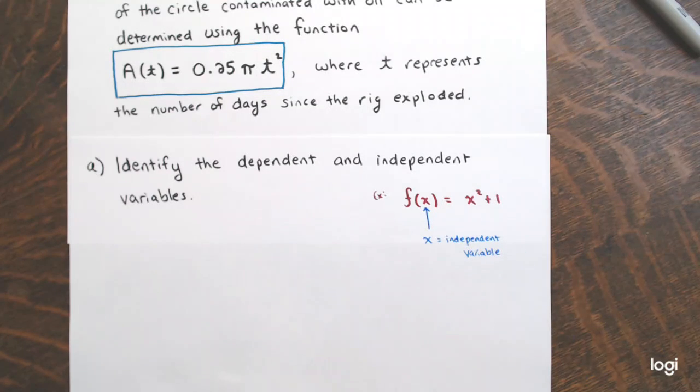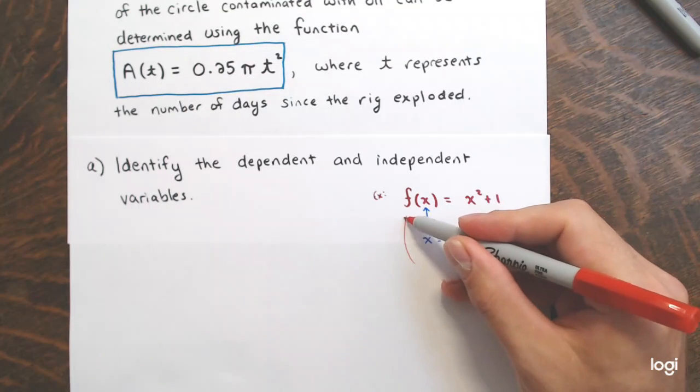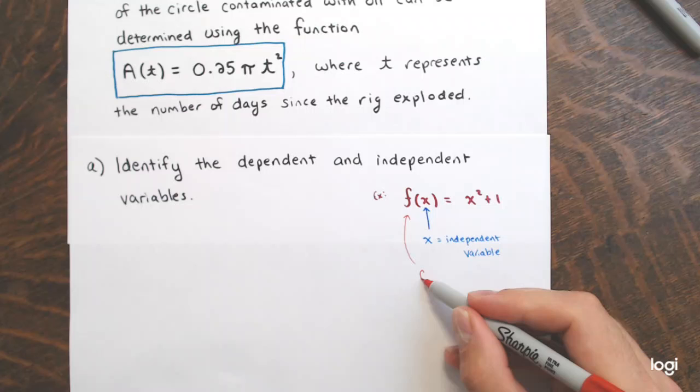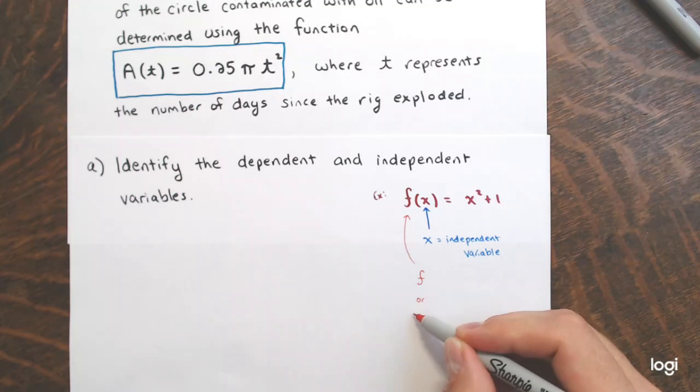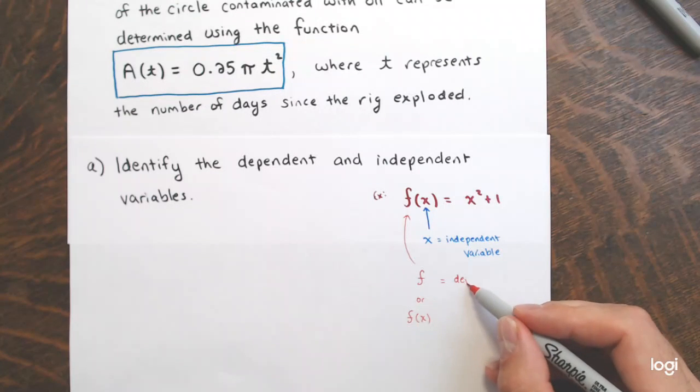And then the name of the function is sometimes referred to as the output. So f, or f of x, the whole thing, is referred to as the dependent variable.